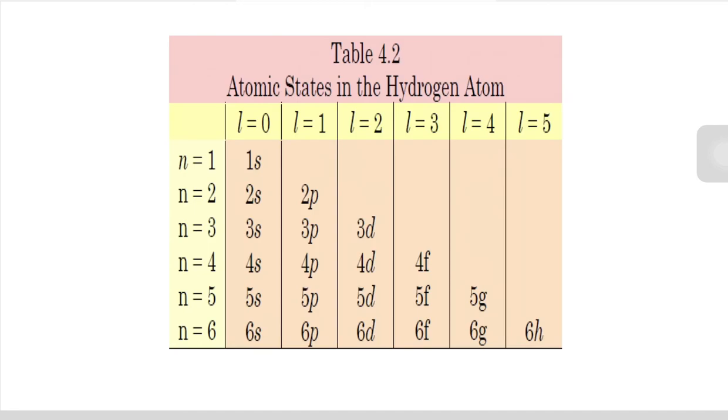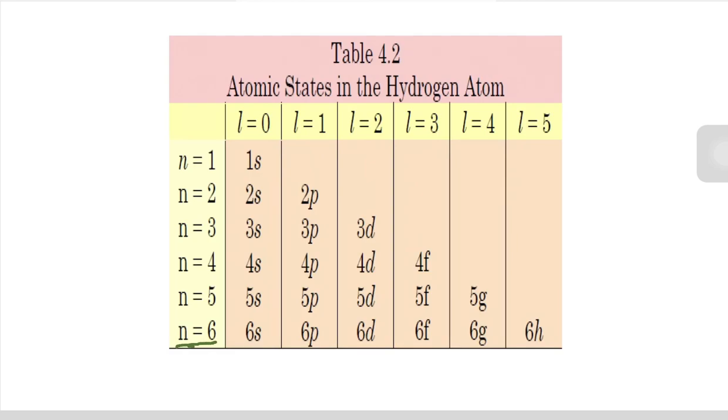We have L equal to 0, and this state is called 1s. For n equal to 2, we have two values of the orbital quantum number, L equal to 1 and L equal to 0. They are called 2s and 2p. And so on for other values of n.